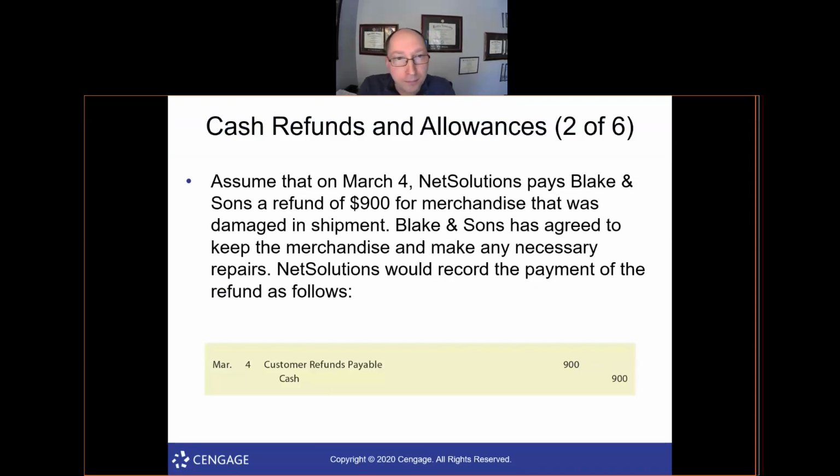Here's an example. On March 4th, we gave our customer a refund of $900 for merchandise that was damaged during shipment. The customer decided, hey, I'm going to keep that damaged stuff and make the repairs to it.